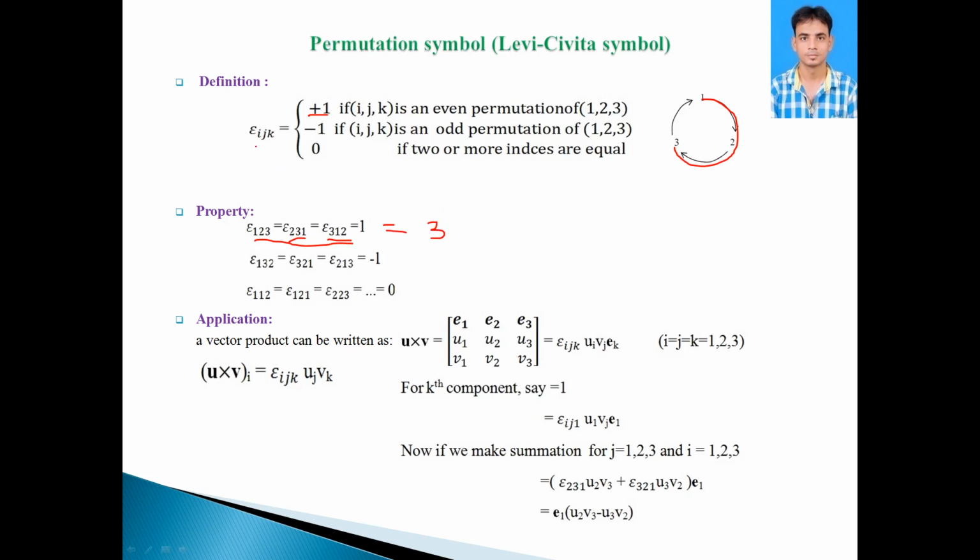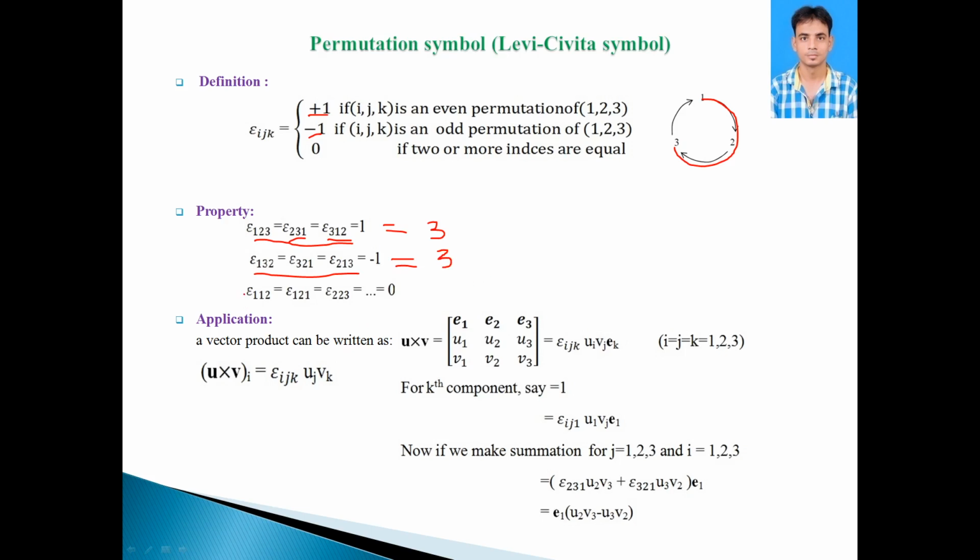Similarly, this epsilon ijk gives -1 if you have odd permutations of ijk. That means 1, 3, 2 or 3, 2, 1 or 2, 1, 3. So these are the 3 odd permutation combinations and it gives -1.